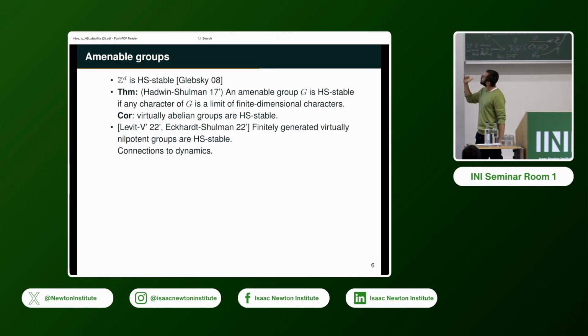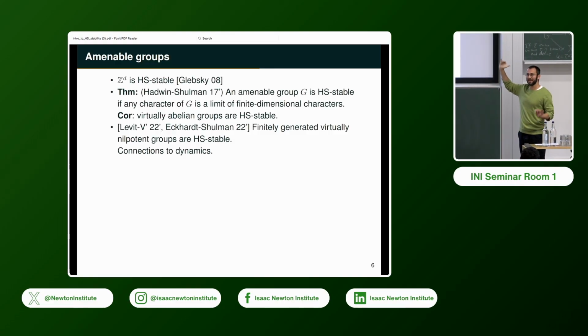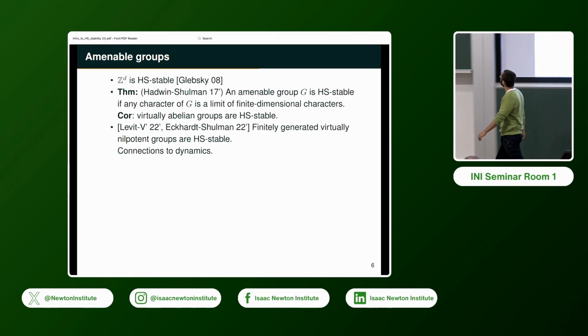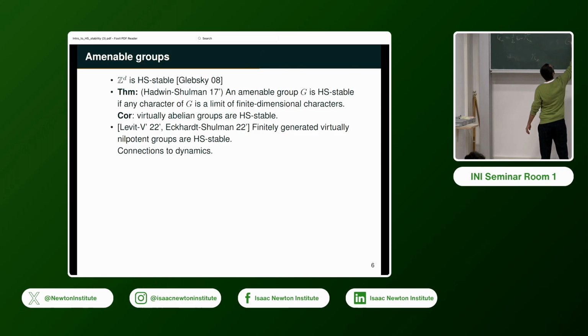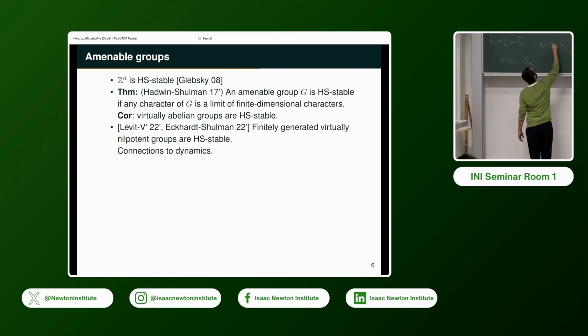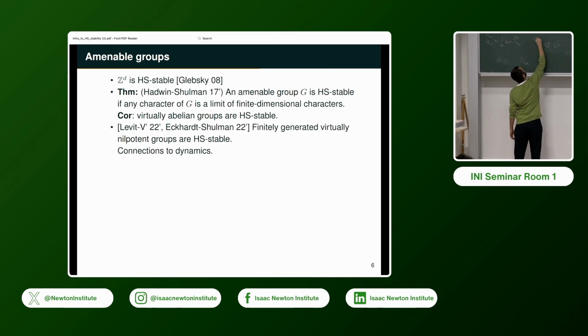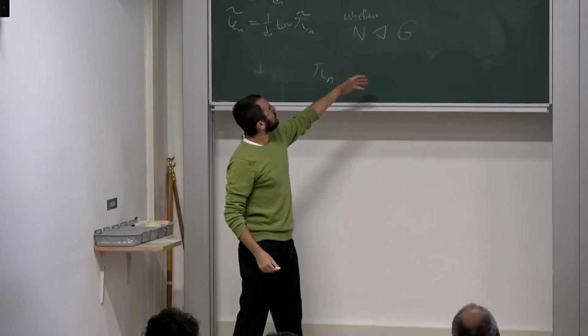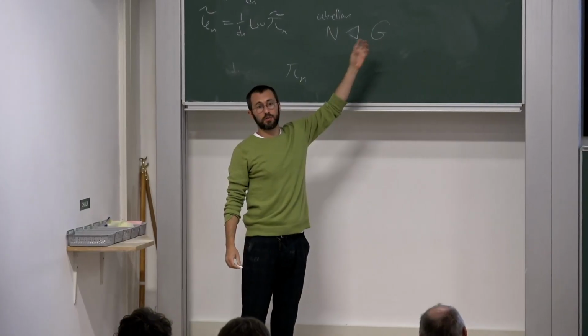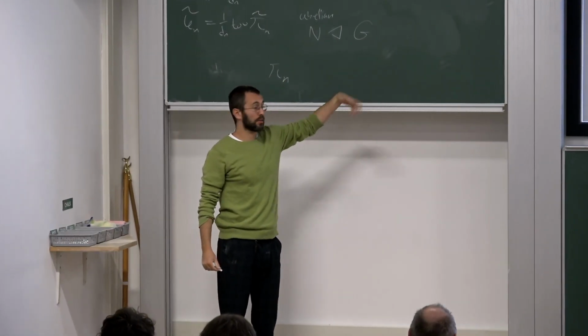Another thing: once you continue inside solvable groups and go beyond nilpotent, you very quickly find yourself in very deep dynamical problems. This happens quite naturally: you have a group G, and you have a normal subgroup N, and suppose it's abelian. Our group is, let's say, solvable, and you take this abelian normal subgroup. Now you want to understand characters of G and ask whether they are limits of finite dimensional characters.